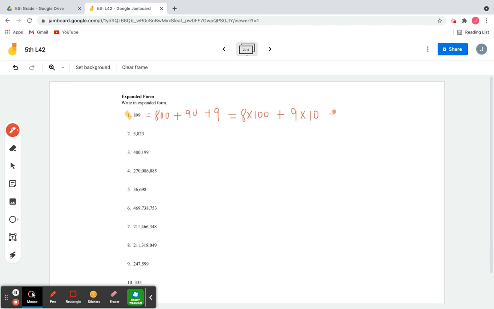And then we add 9 times 1. So it's on the ones place, and the tens place, and the hundreds place, right? So 800, and then 90, and then 9. So this is going to be the final answer for number 1: 8 times 100 plus 9 times 10 plus 9 times 1.